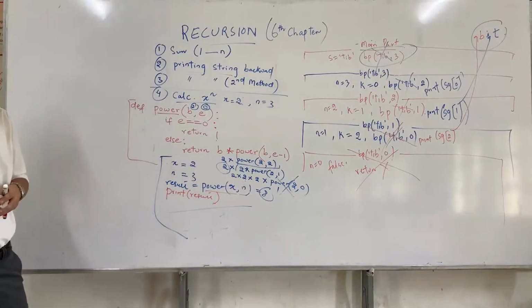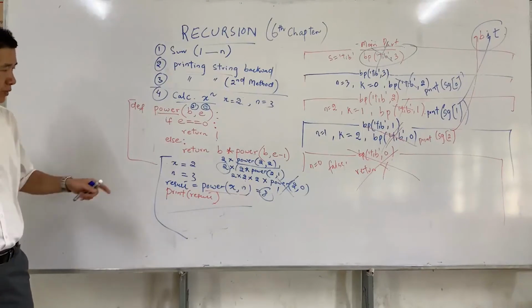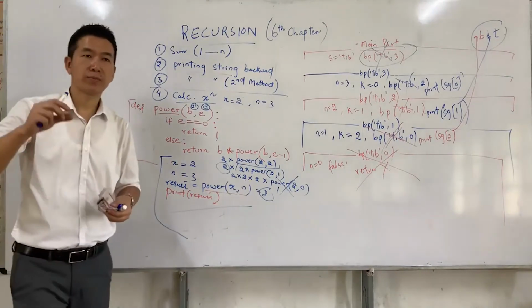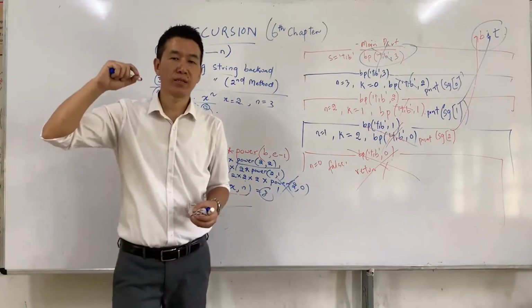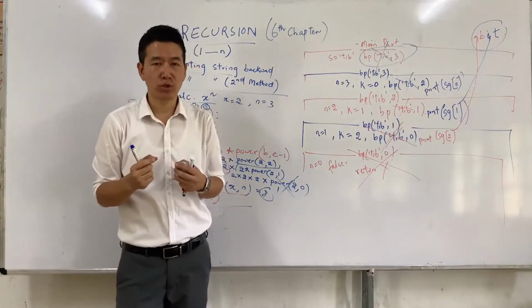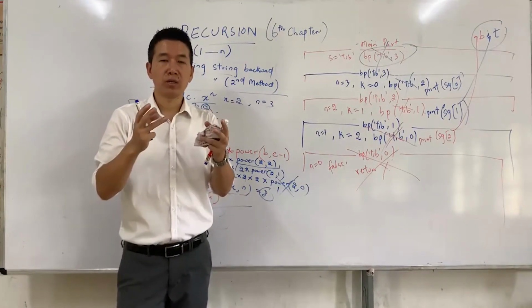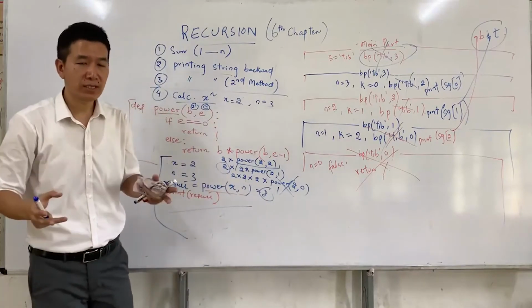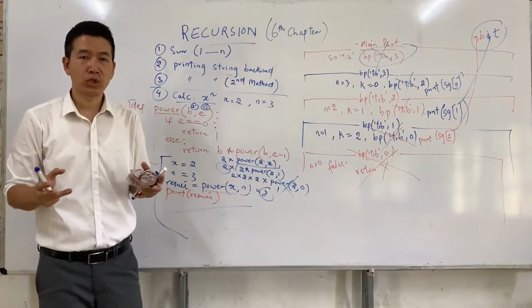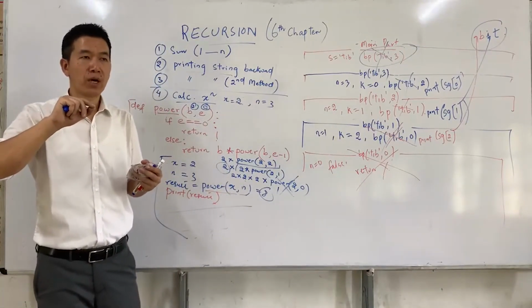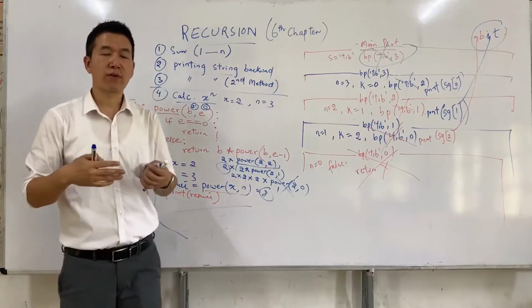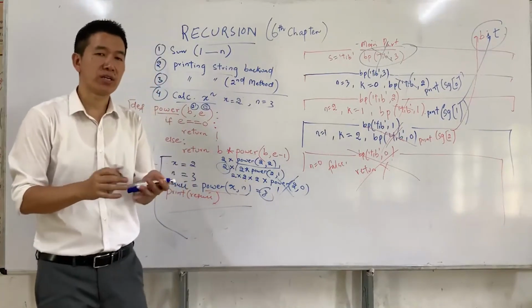And then, like I said, sometimes there could be infinite recursion, which means the recursive program is senseless or meaningless. So there could be 2 situations which could give rise to infinite recursive calls.